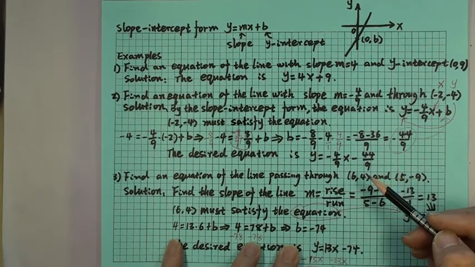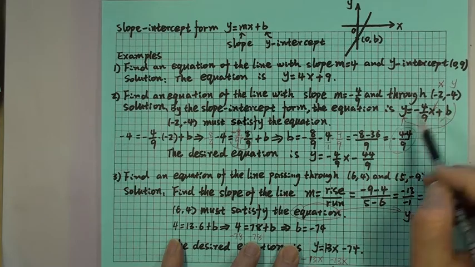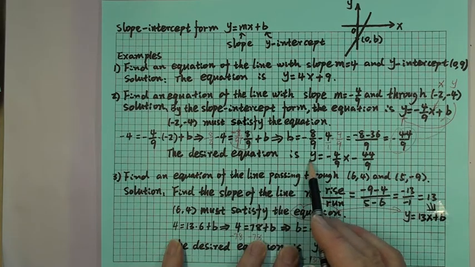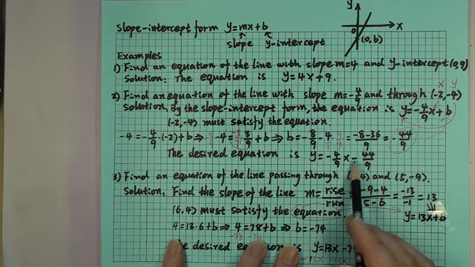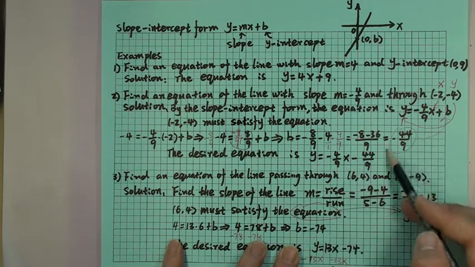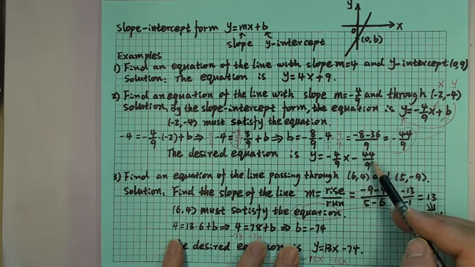Okay, and then we have a slope, we have the intercept. Then the desired equation will be y equals negative 4 over 9 x plus this number over there, negative 44 over 9.